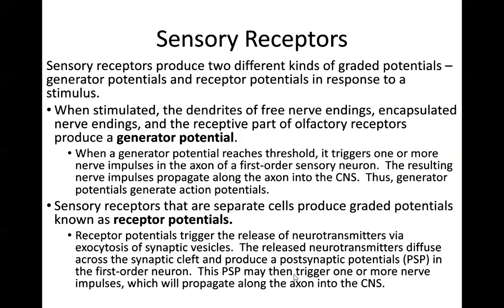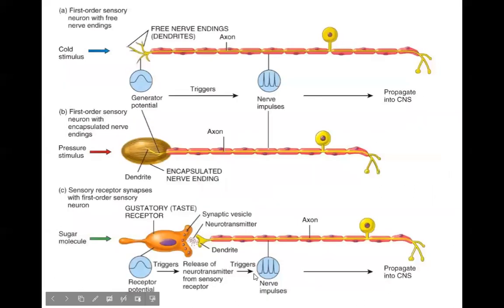This PSP may then trigger one or more nerve impulses, which will propagate along the axon into the central nervous system. So really the moral of the story is the same: action potentials being propagated into the central nervous system. It's just we have a couple extra steps to go through, some more hoops to jump through to get to the end goal.